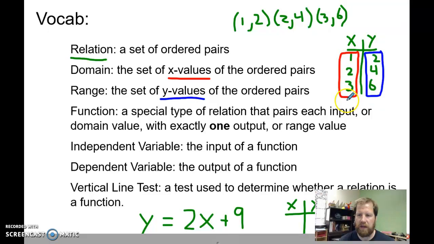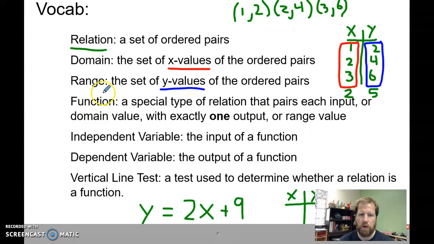Okay, if I repeat my x value, say I have another 2 down here, and I have something other than 4, maybe a 5, this is not a function anymore because I've got 2 of the same x values with 2 different y values, all right, or 2 of the same inputs with 2 different outputs. We'll talk more about a function because it does take a little bit to wrap your brain around that.